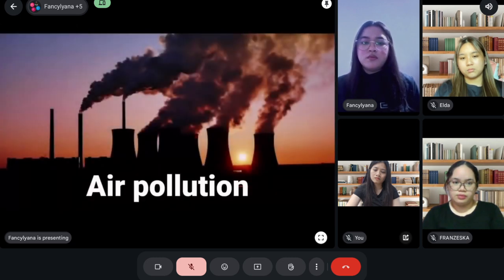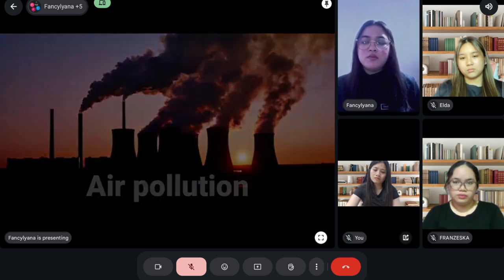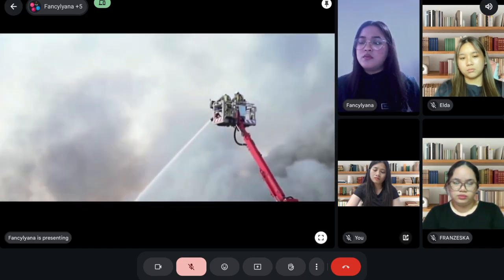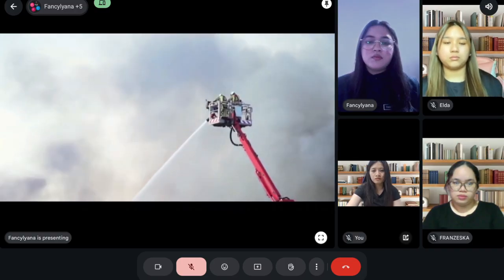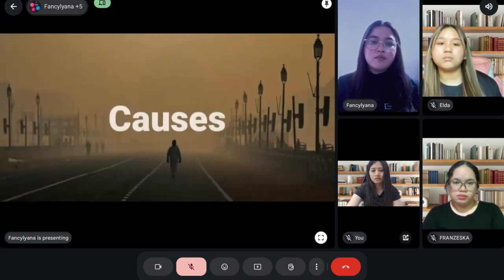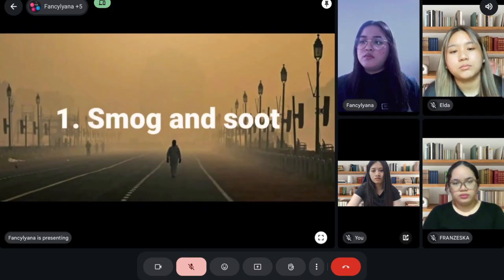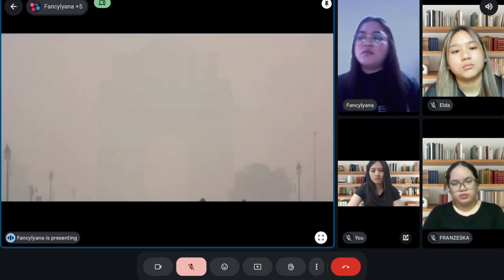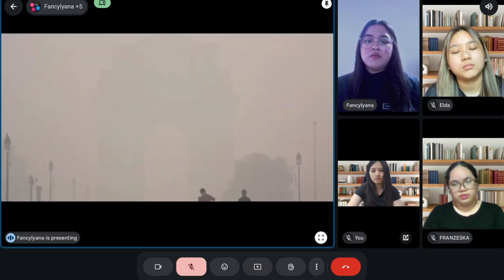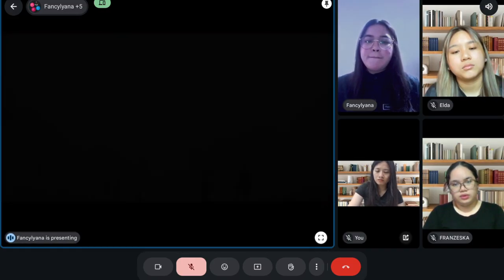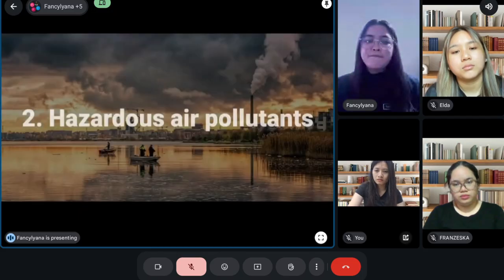Air pollution. Air pollution refers to the release release of pollutants into the air, pollutants which are detrimental to human health and the planet as a whole. Causes: 1. Smog and soot. Smog and soot are made up of tiny particles of chemicals, soil, smoke, dust, or allergens in the form of either gas or solids that are carried in the air. 2.